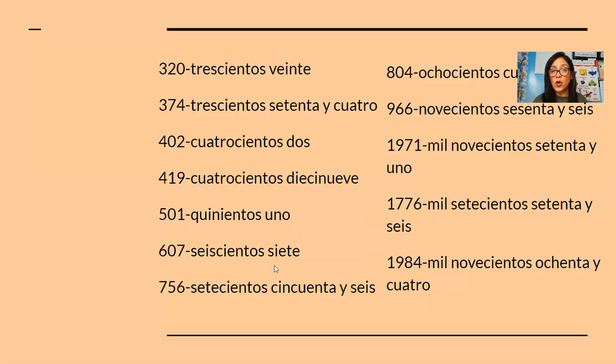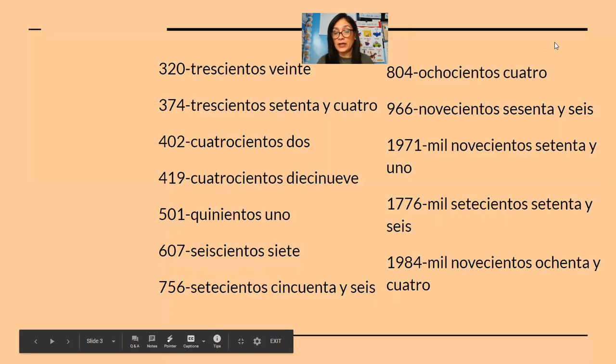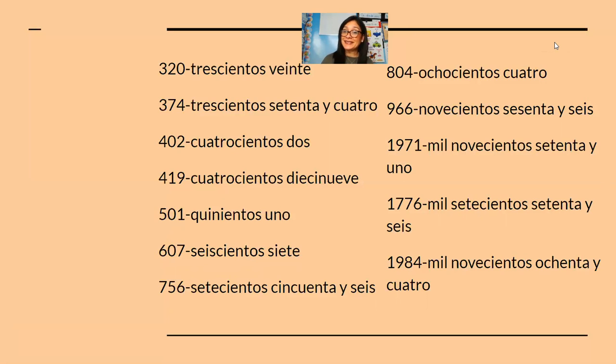We only put the Y, if you look at 756, the Y is between 50 and 6, but then it's just 756. To say 804. 966.